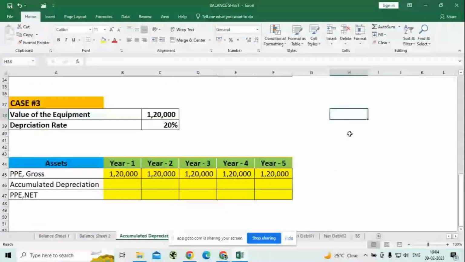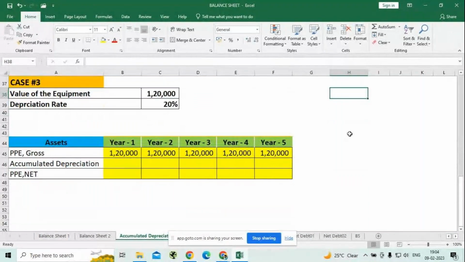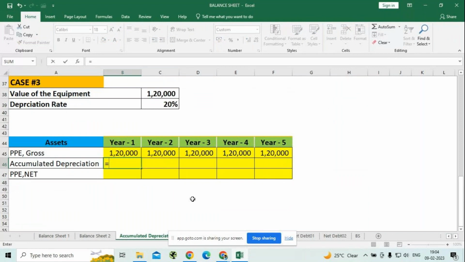So the next case is going to be on the percentage. Till now you were calculating by dividing. When it comes to the percentage, you should give it with the percentage value. So that year into 20% plus the previous year.